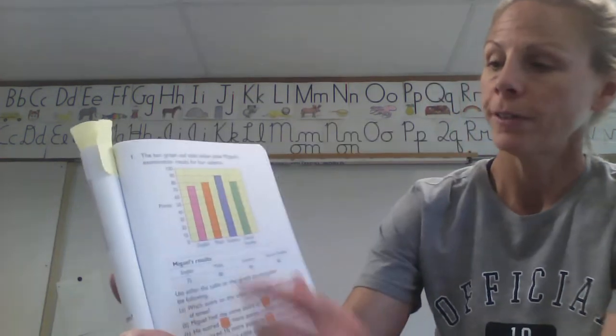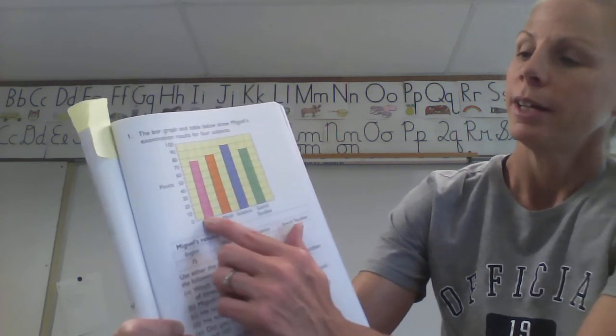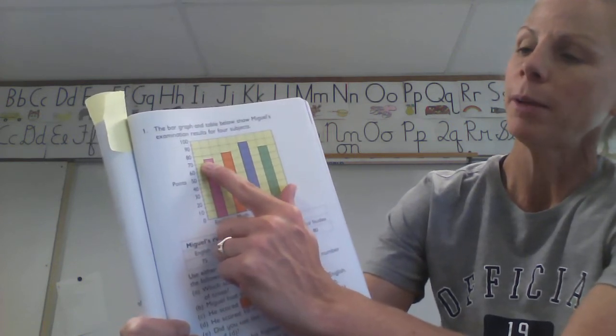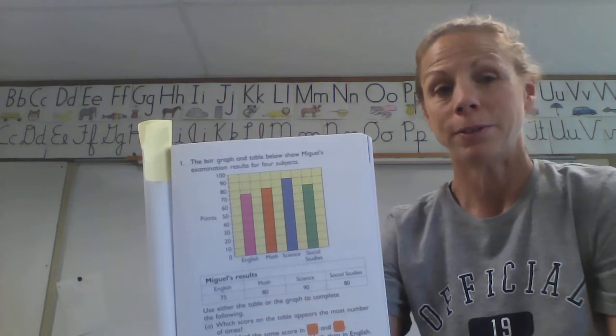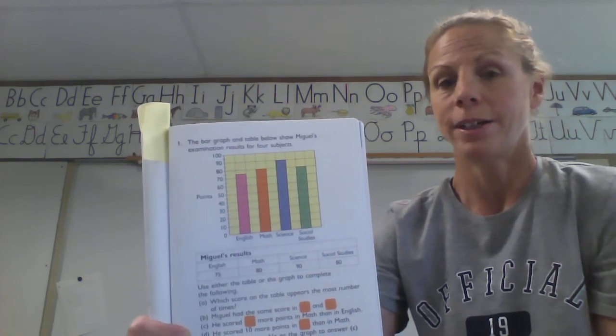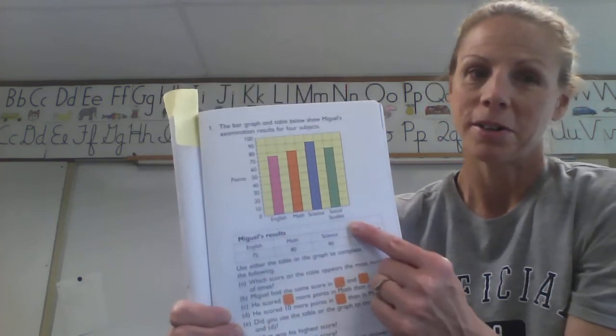If you looked at his results for English, he got right in between a 70 and an 80. And right in between 70 and 80 is 75. They've also listed it right there to help you out.